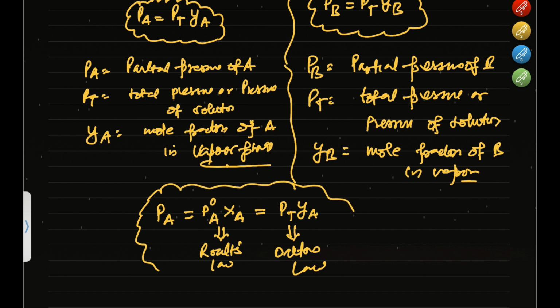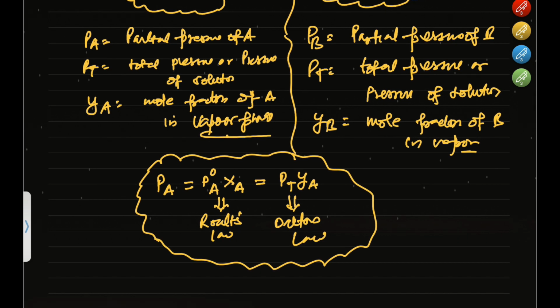So whatever is given in the question, if the mole fraction is given in vapor phase, we can find the partial pressure of the component A from Dalton's law, which is equal to Pt into yA. If the mole fraction of the component A is given in solution or liquid phase, then we can find the partial vapor pressure of the liquid A from Raoult's law, that is equal to P naught A into XA.